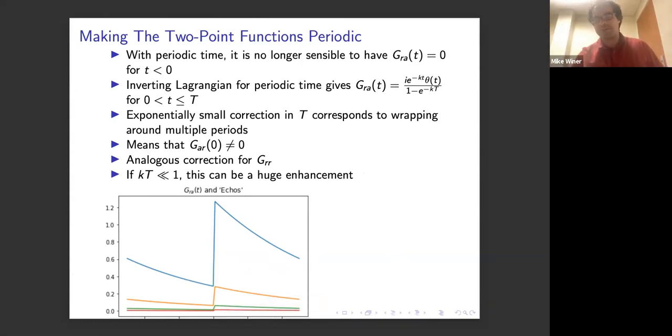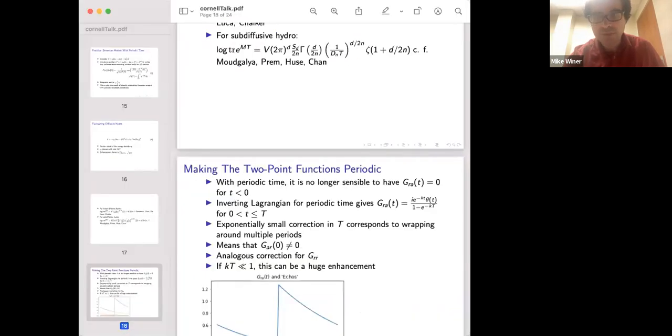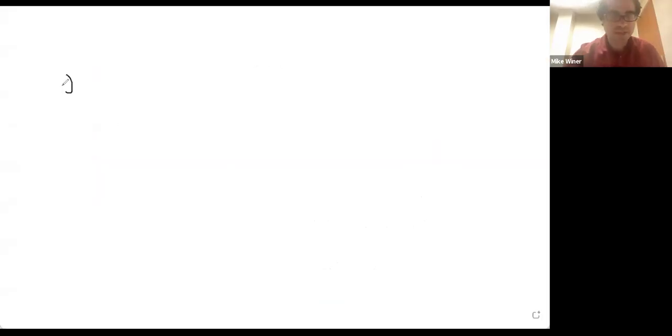So we're getting the 2-point function for a quadratic system. We're just inverting the Lagrangian. So we have something like partial t minus k g equals delta function, right?